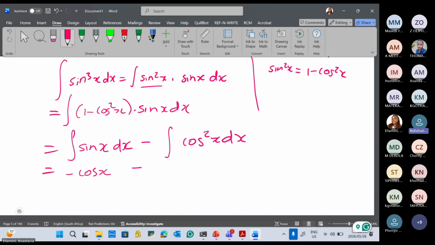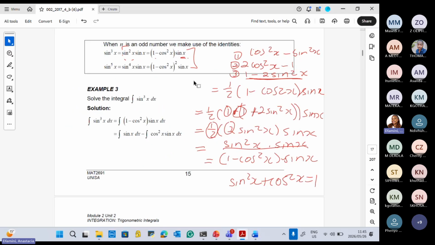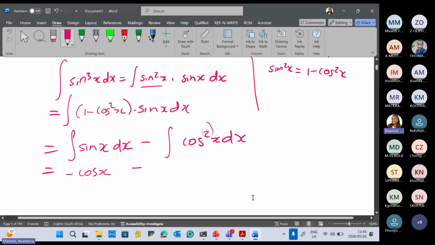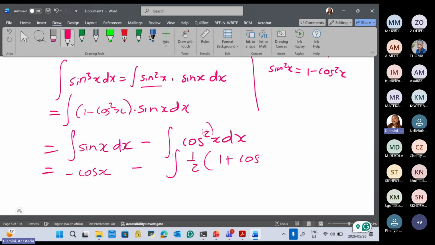Which means we will introduce that half, 1 plus cos 2x, because n is even here. So we go and check the identity for n even. It's here. So let's write it: integral of 1 over 2, 1 plus cos of 2x dx.